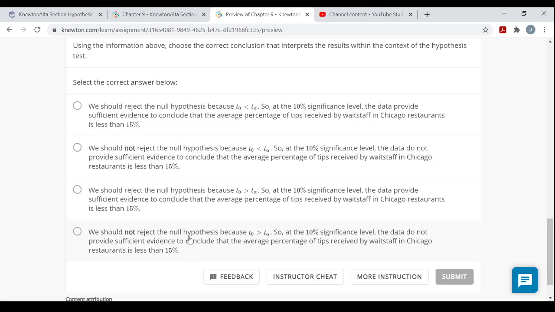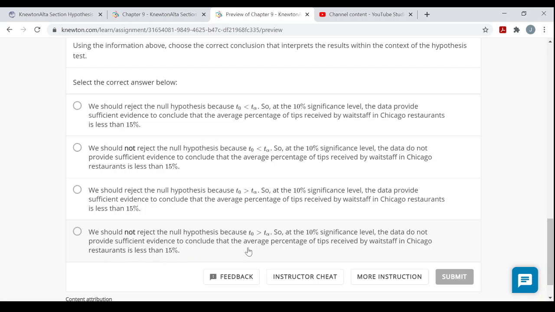So it's got to be this fourth option, but let's read it all just to make sure. We should not reject the null because our test statistic was greater than the critical value, the T alpha. So at the 10% significance level, the data do not provide sufficient evidence to conclude that the average percent of tips received by waitstaff in Chicago is less than 15%.